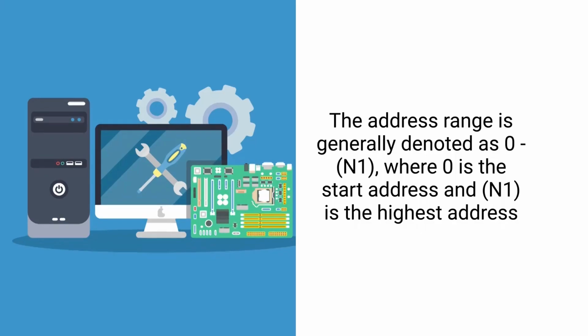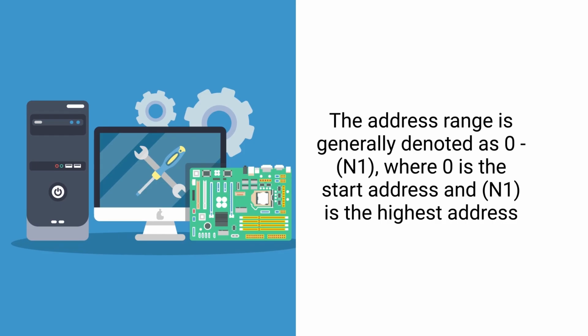And there we have the concept of random access memory. That is, we can directly access any address and hence the data available at that address. Generally the address range is denoted as 0 to n minus 1, where 0 is the starting address and n minus 1 is the highest address available in that memory.